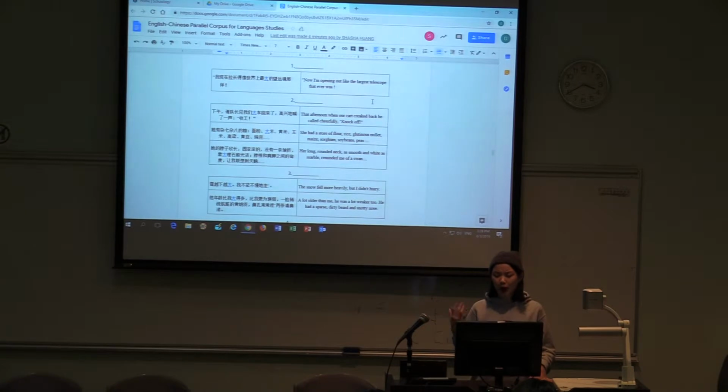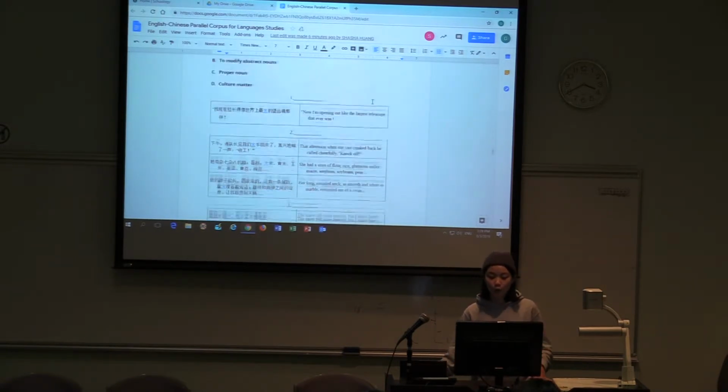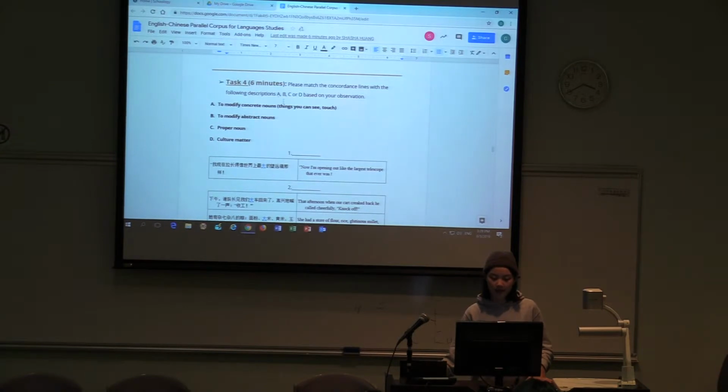The purpose of designing this task is that we want our students to further clarify how "big" can be translated and how "da" is translated into English. So we chose this task for our students to do.